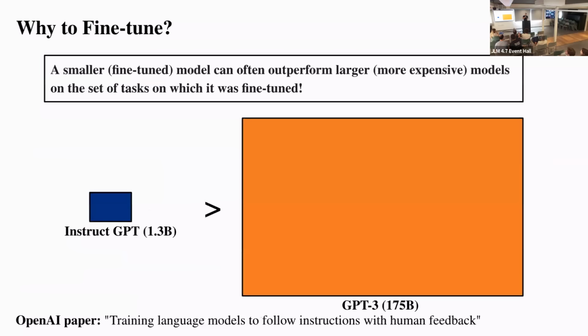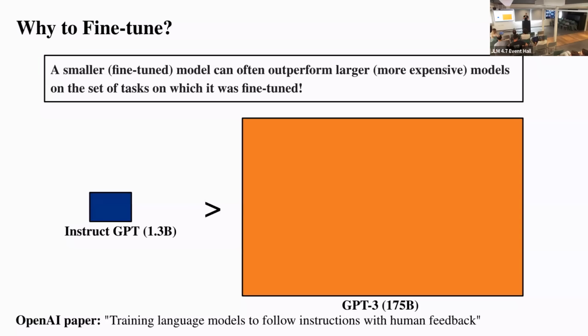Okay. So after we saw what fine-tuning is and two examples of fine-tuning completions, and before I compare fine-tuning, RAG, and prompt engineering, I want to give you the main motivation for fine-tuning. And this is that a smaller fine-tuned model can often outperform a larger, more expensive model on the set of tasks on which it was fine-tuned.